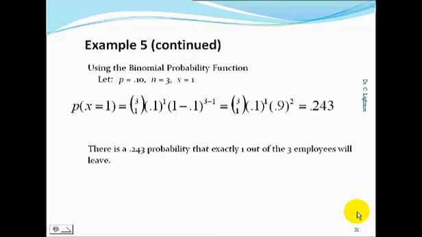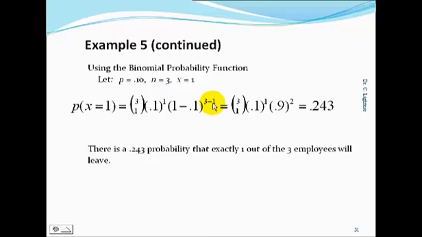For our problem, p equals 0.1 and n equals 3, and we are looking to find the probability of having x equals 1 success out of our 3 trials. We put our parameters into the formula: n choose x times p to the x power times 1 minus p to the n minus x power.